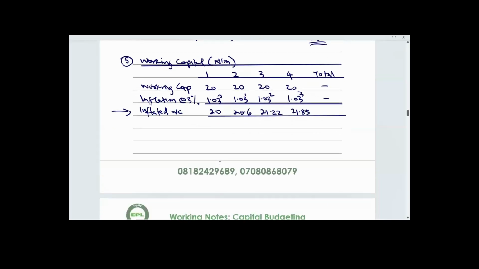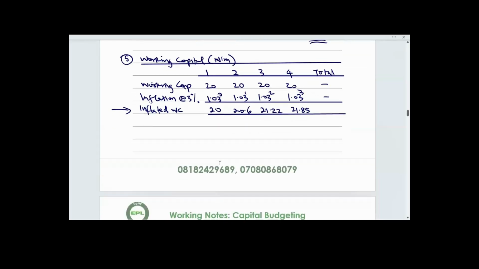So now you can see that our working capital has increased from 20 million in the first year to 21.85 in the fourth year. Therefore, we need to determine incremental working capital. You remember when I was explaining the concept, I told you that working capital is relevant and should be treated as follows, depending on whether it's a one-off working capital or incremental working capital.